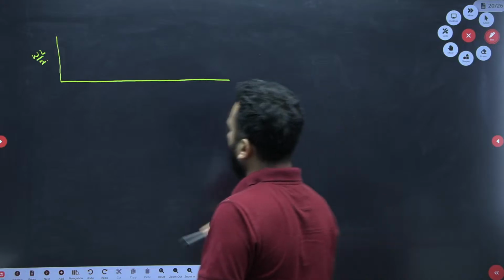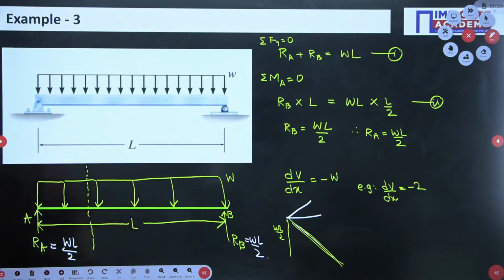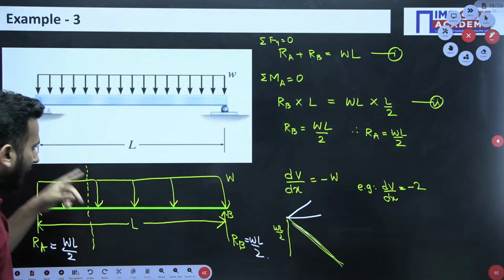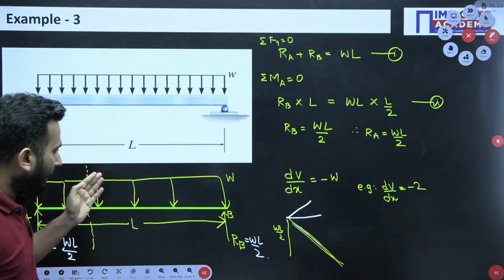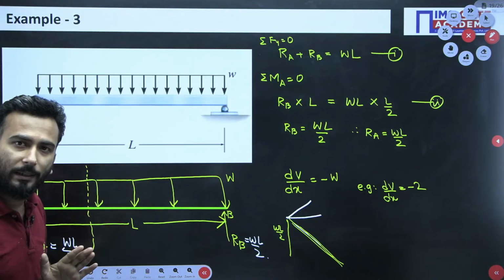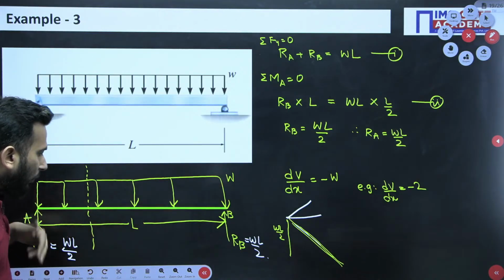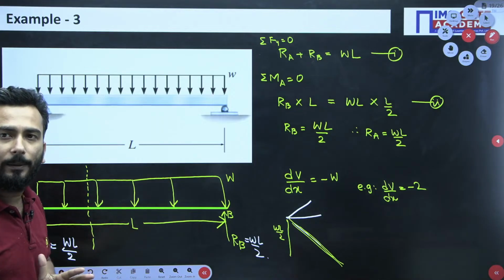And another way of thinking is, see, you will appreciate this, that this Ra is already having a value WL by 2. Now after that the distributed loading is acting in the opposite direction, and it is trying to counter the effect of RA.